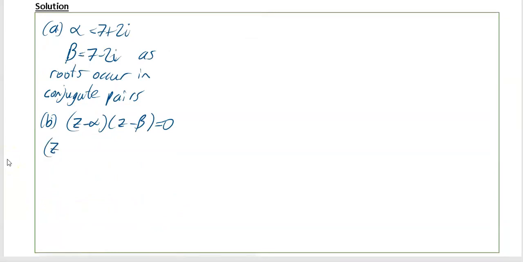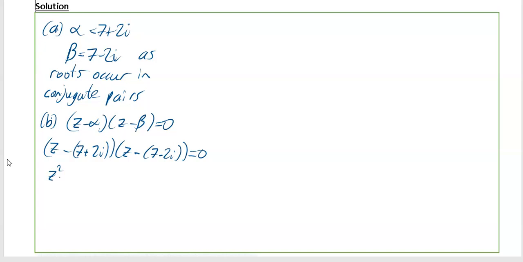So we have z minus, my alpha was 7 plus 2i in the bracket, and my beta was 7 minus 2i. We're going to multiply this out and see what you get. The z times the z is easy, it's z squared.